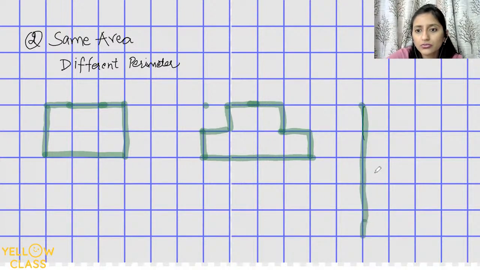Simple one, 1, 2, 3, 4, 5. Or 6, something like this also. Yes, all these shapes have the same area, isn't it? Think of more shapes. Yes, think of more shapes. Let me try out some more.